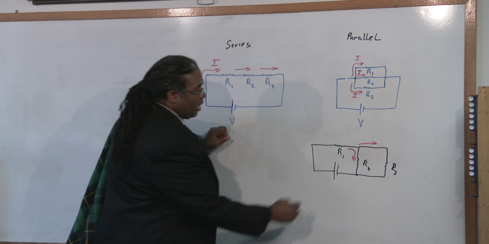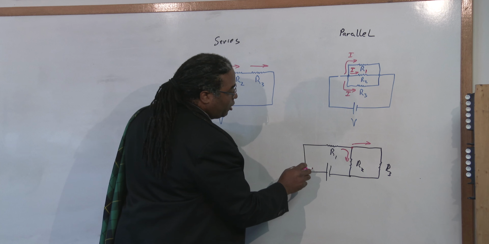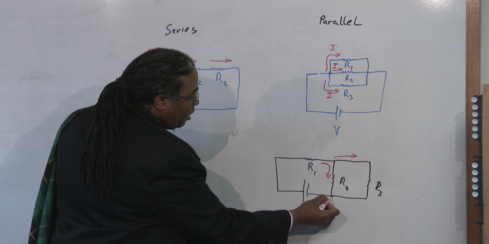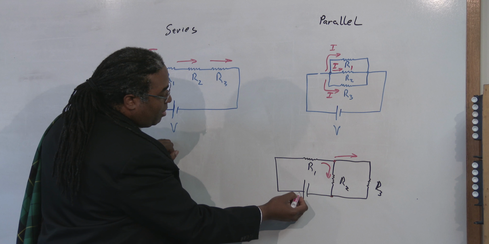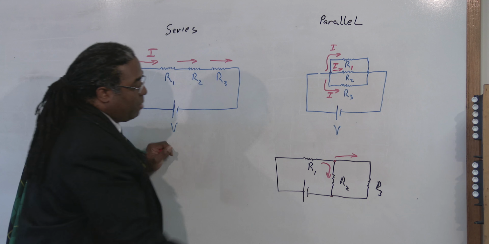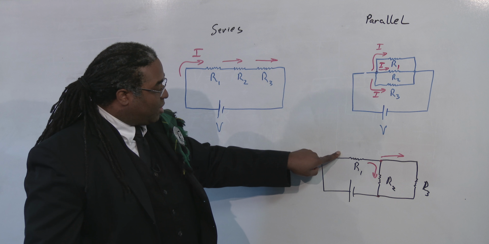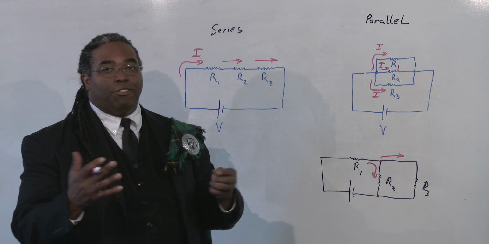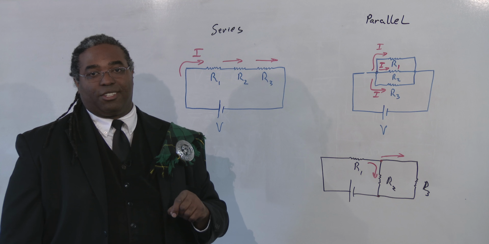However, though resistor 1 and resistor 2 share this junction, this side of resistor 1 does not share this junction with resistor 2. Why? Because it is in common with the positive side of the power supply. So because this element is in the way of this side of the resistor and that junction, 1 and 2 do not have both sides in common in terms of the junction that they reference.